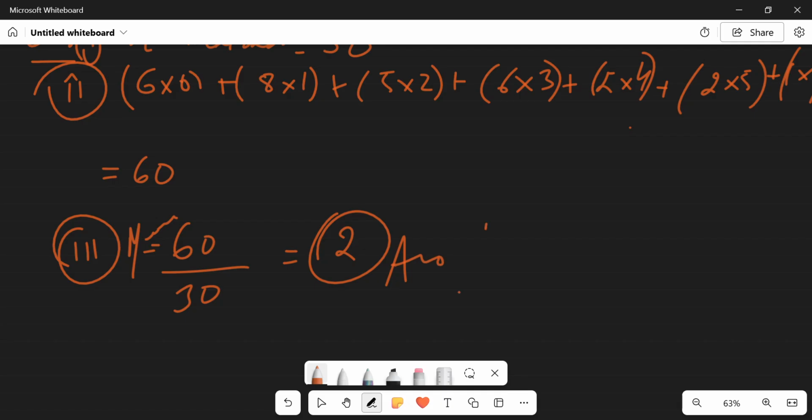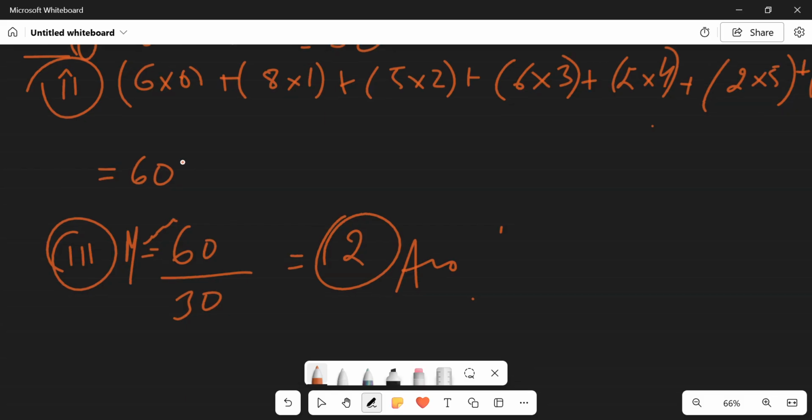Now question number 9 and question number 10. Question number 9 is similar to that. The number of the days the students in a class were absent from the school in a term was recorded, right? The chart gives the number of days absent: 0, 1, 2, 3, 4, 5, 6, and 9.